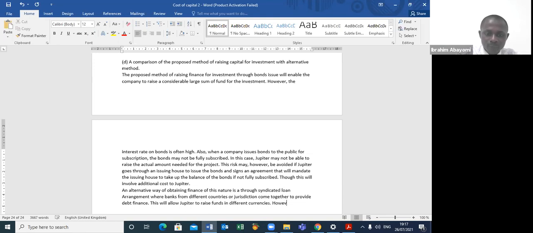However, the company will be exposed to exchange rate risk.